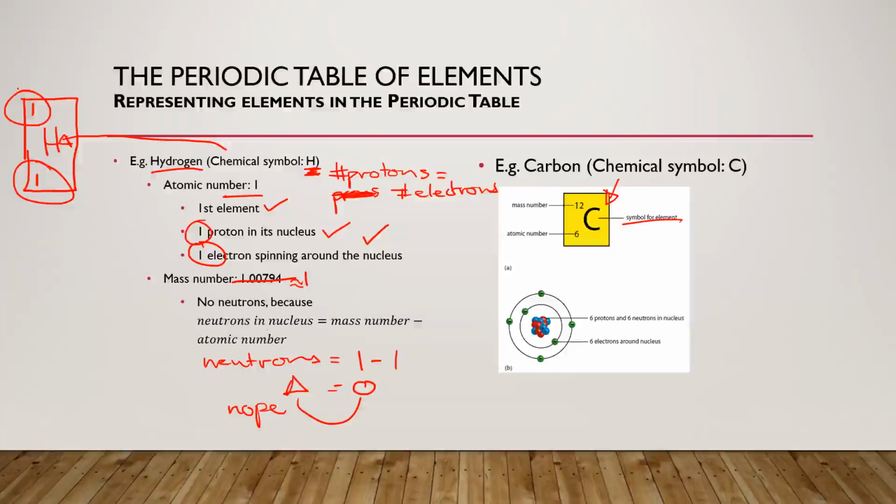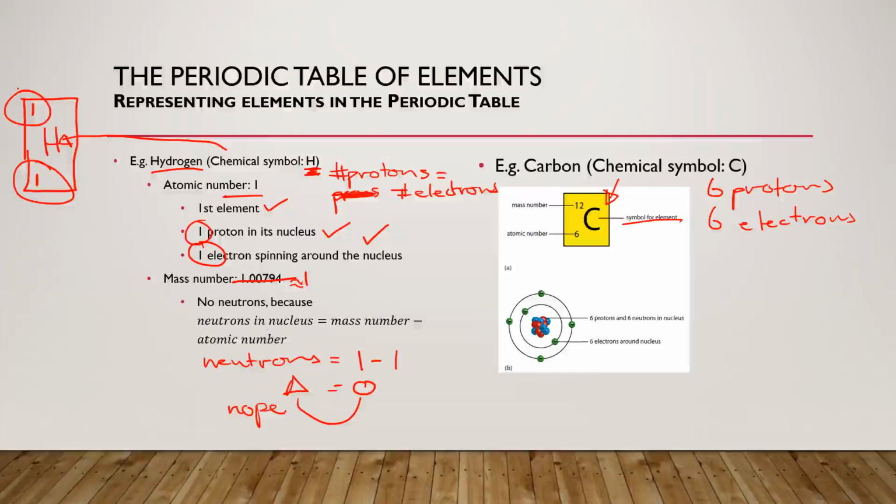Okay. Now, if we look at the atomic number, which is 6, we know there's 6 protons and 6 electrons in carbon, okay? And we know that because there's an equal amount of protons and electrons in an element.